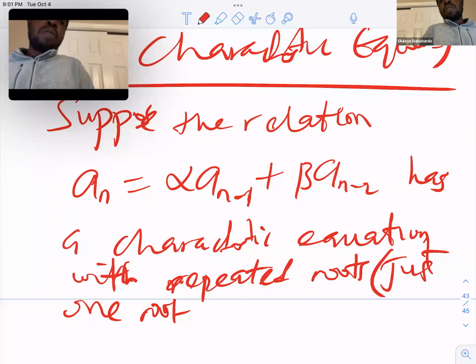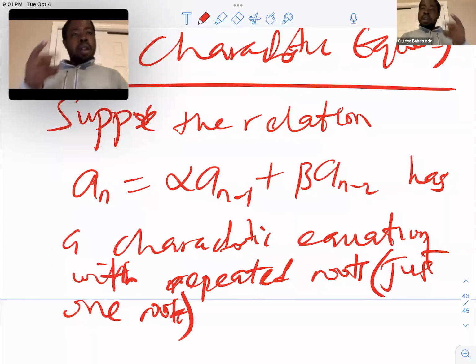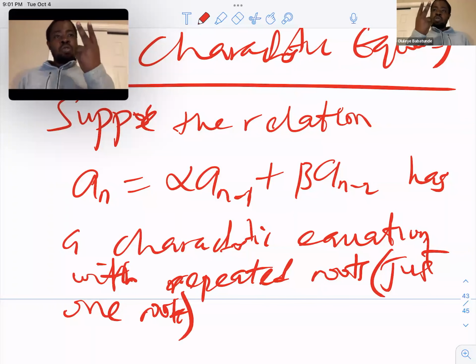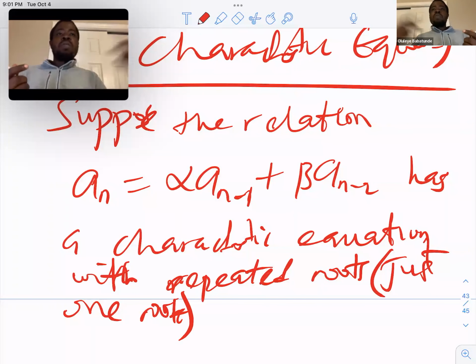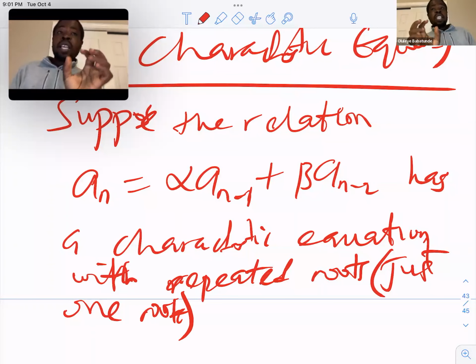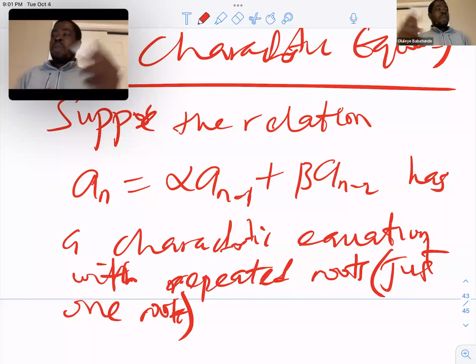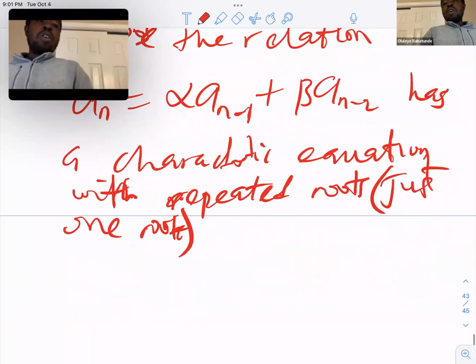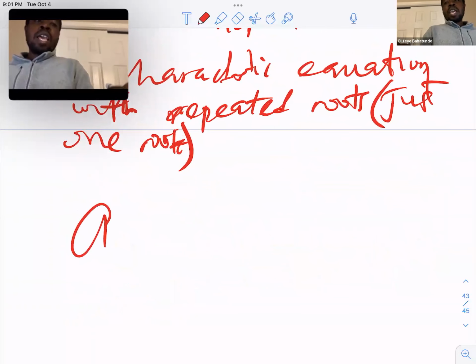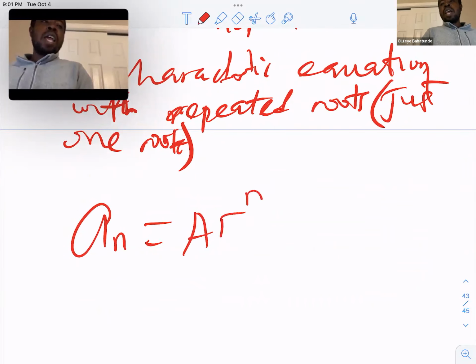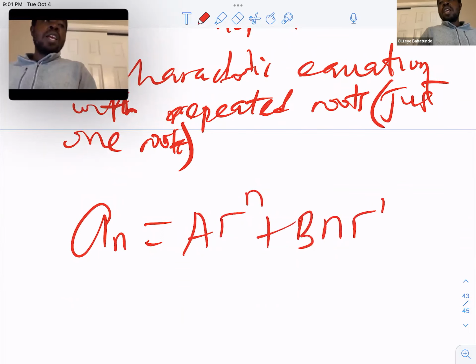If you have done quadratic functions before, repeated means what? Two equal roots, the same roots. Normally, when you solve a quadratic expression, you have two solutions, but you can get the same solution twice. That is what is called repeated roots. You are going to use the formula a_n equals A r^n plus B n r^n.